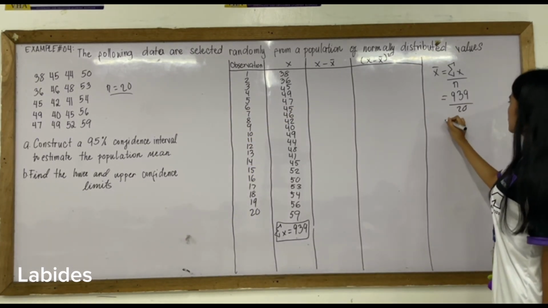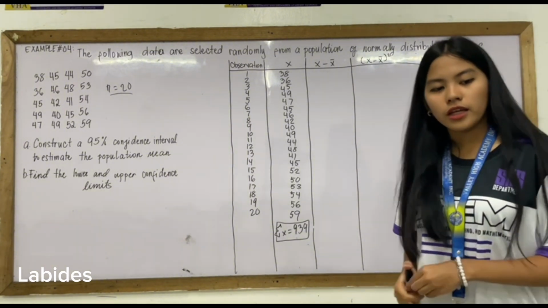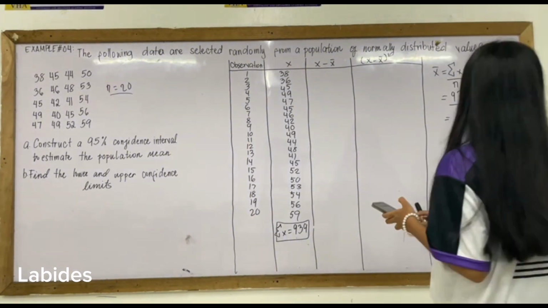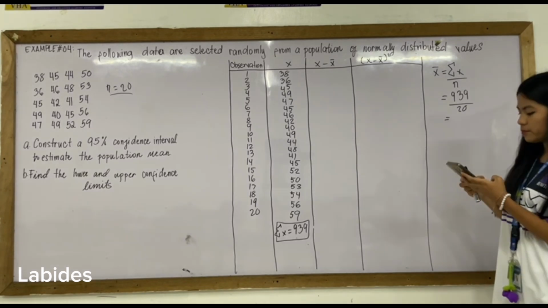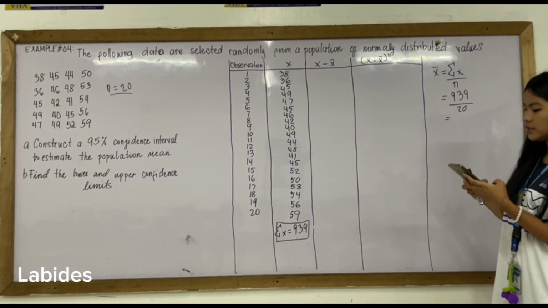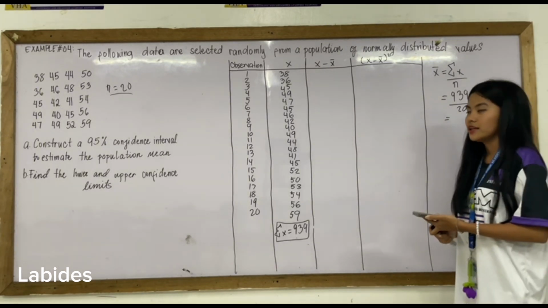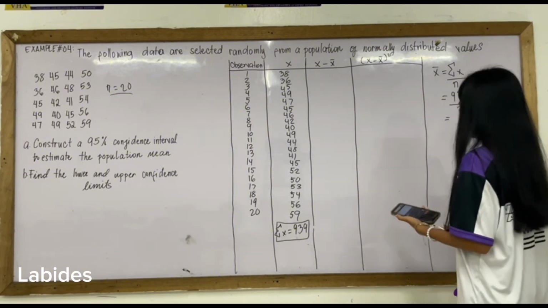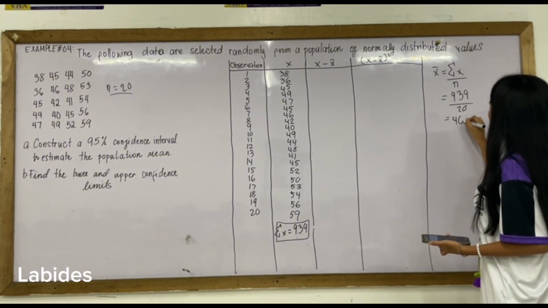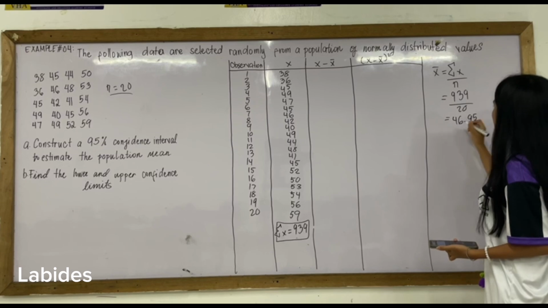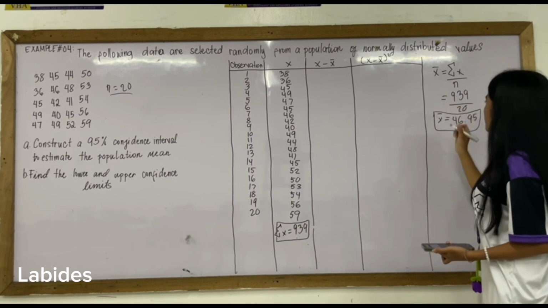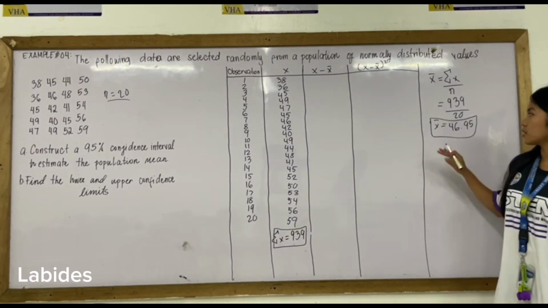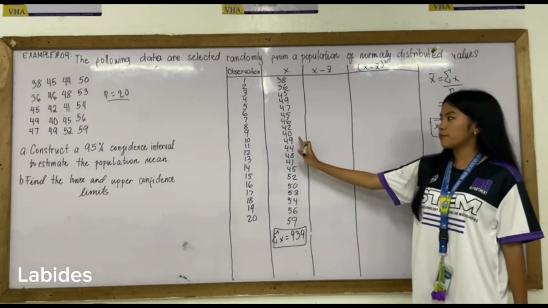So 939 over 20, using our calculator, 939 divided by 20 is 46.95. So that is our sample mean. Okay, so next we're going to subtract the sample mean from the x.